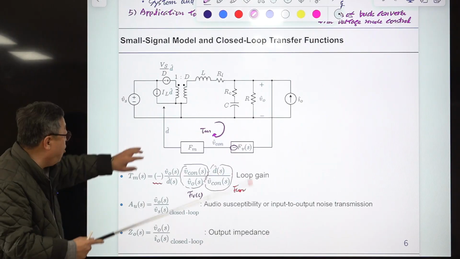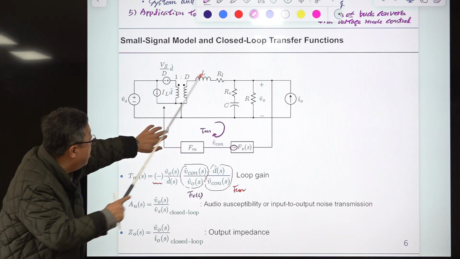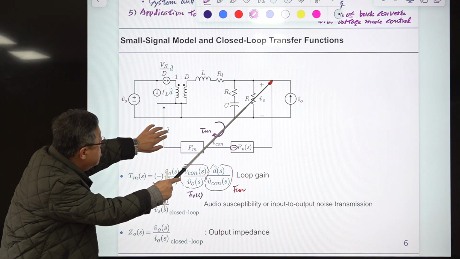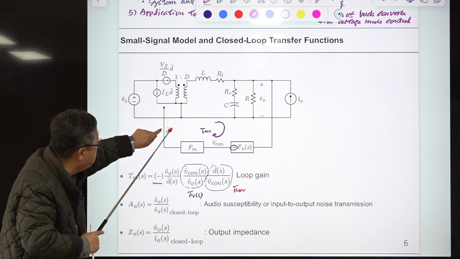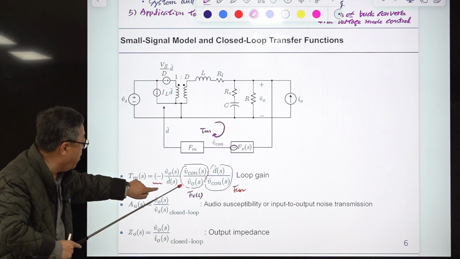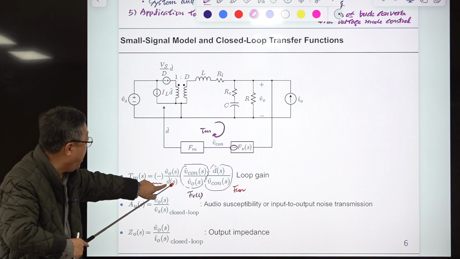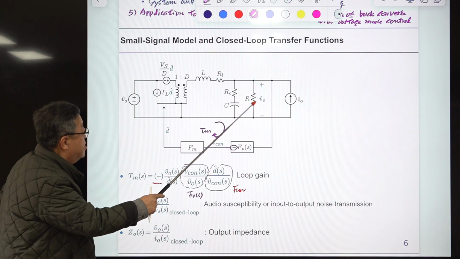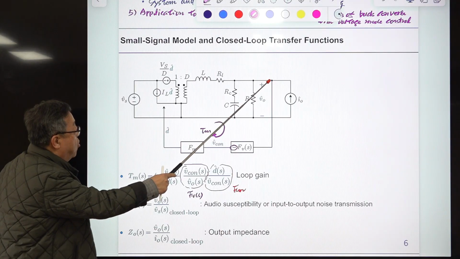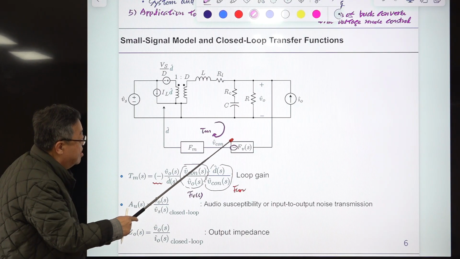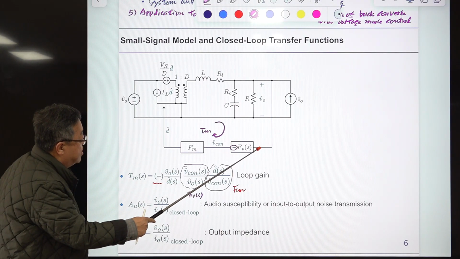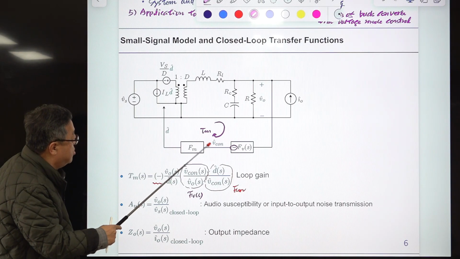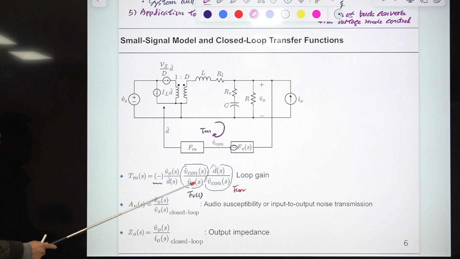First, this is the duty ratio, and the output variable is here. The transfer function from here to there is this one, with D hat as input and Vo hat as output, and this output voltage Vo hat is sensed by the voltage feedback circuit and converted to the control voltage.